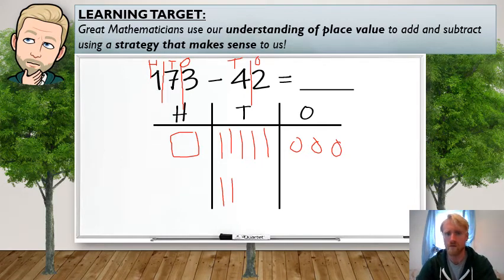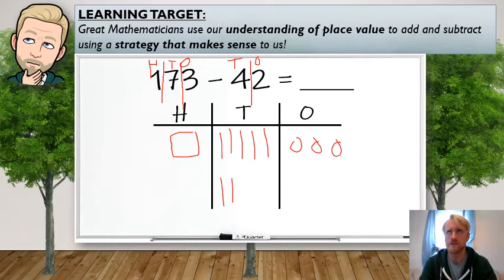Now what do I have to do if I want to take away 42? Yeah, I have to cross out or take away 42 from 173. Okay, so let's see. I like to start with the ones place. So I had 3 ones, and I see that in 42 there are 2 ones.